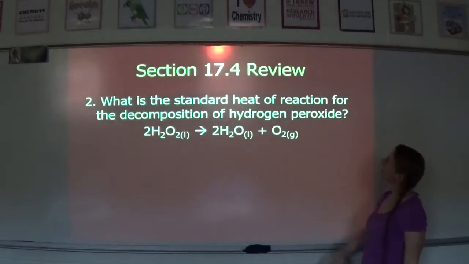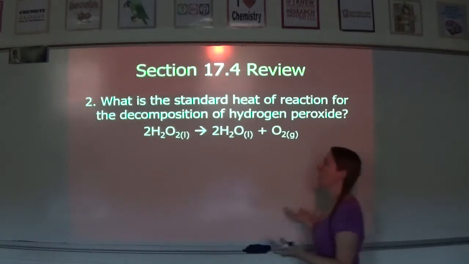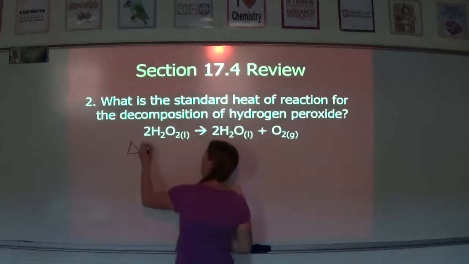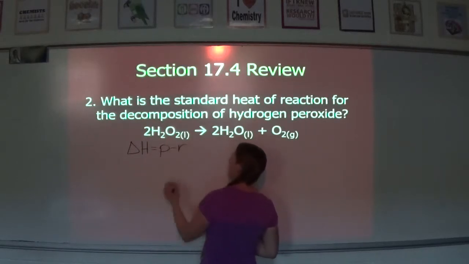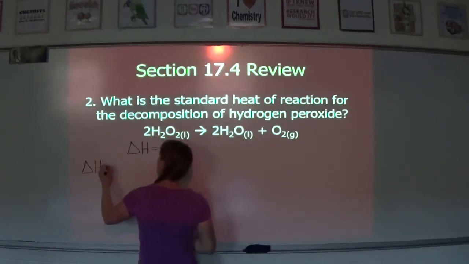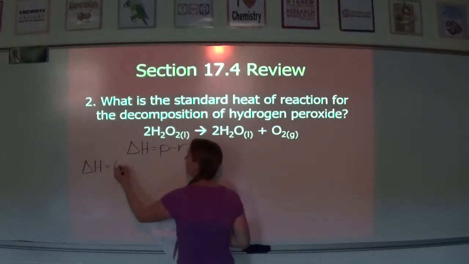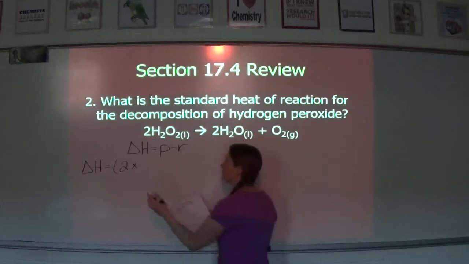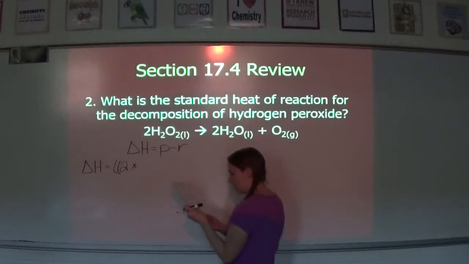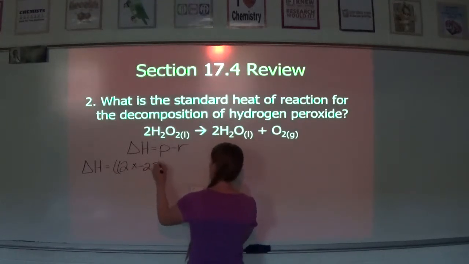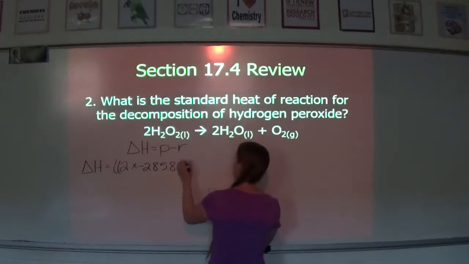What's the standard heat of reaction for the decomposition of hydrogen peroxide? Remember, we know that our delta H is products minus reactants. So we get our thermochemistry chart page out. We have 2 moles of water as a liquid, so I'm going to do 2 times H2O liquid, which is negative 285.8 kilojoules.